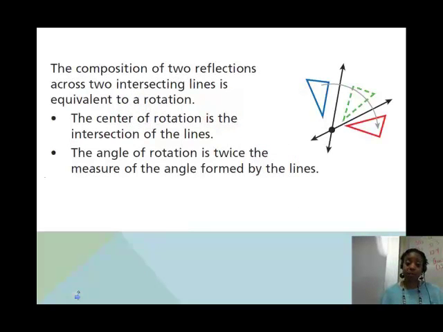The relationship is that a composition of reflections over two intersecting lines is equivalent to a rotation of the original pre-image. The center of rotation is the intersection of the two lines, and the angle of rotation is twice the angle formed by the two lines. So if this angle was 30 degrees, then the rotation from blue to red would be a 60-degree rotation about the intersection of the two lines.